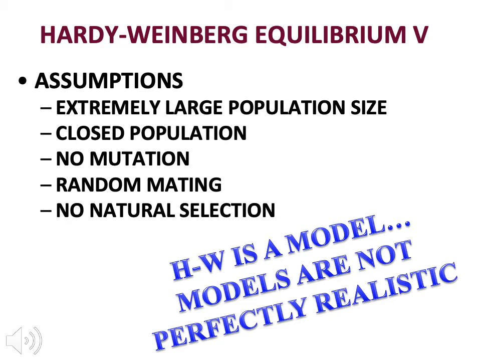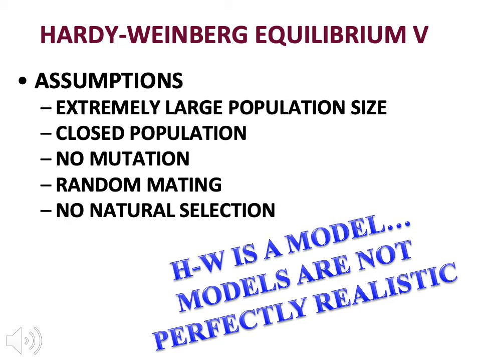We're going to begin with Hardy-Weinberg equilibrium assumption number one: we're talking about an extremely large population. We're not talking about 1,000 individuals. We're not talking about 10,000 individuals. We're talking about millions of individuals. The larger the population, the less opportunity there is for random variations.